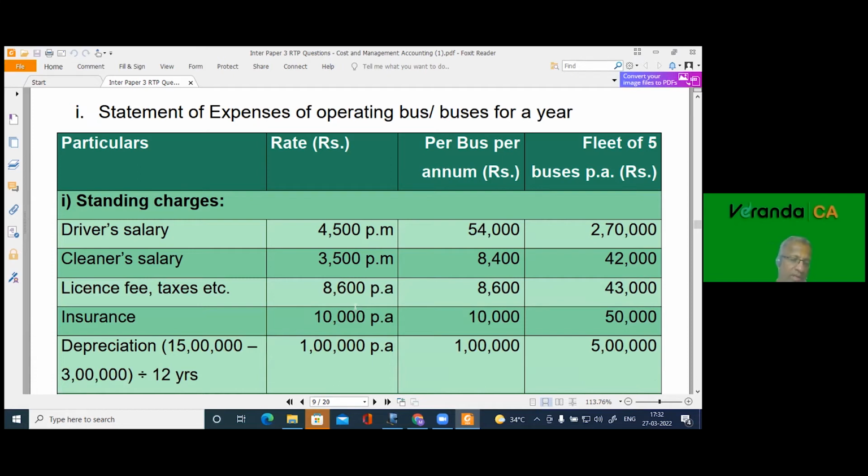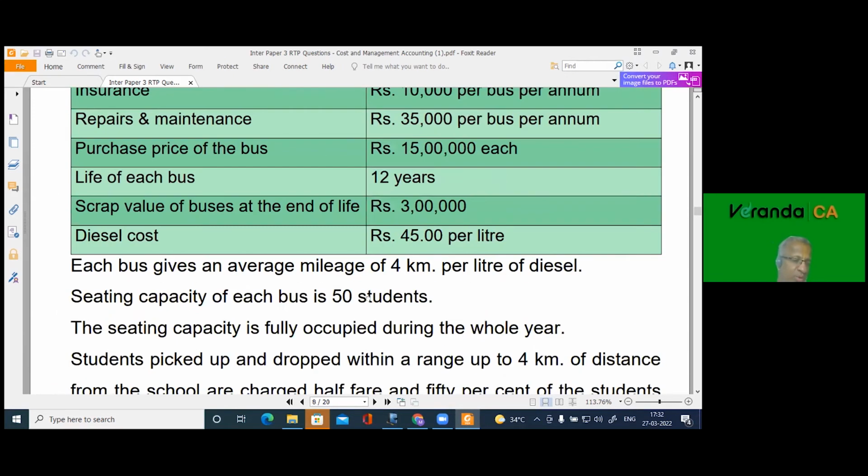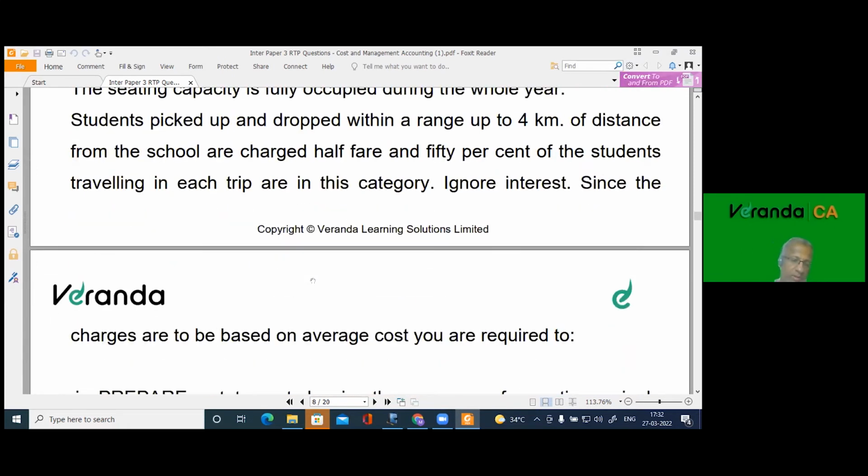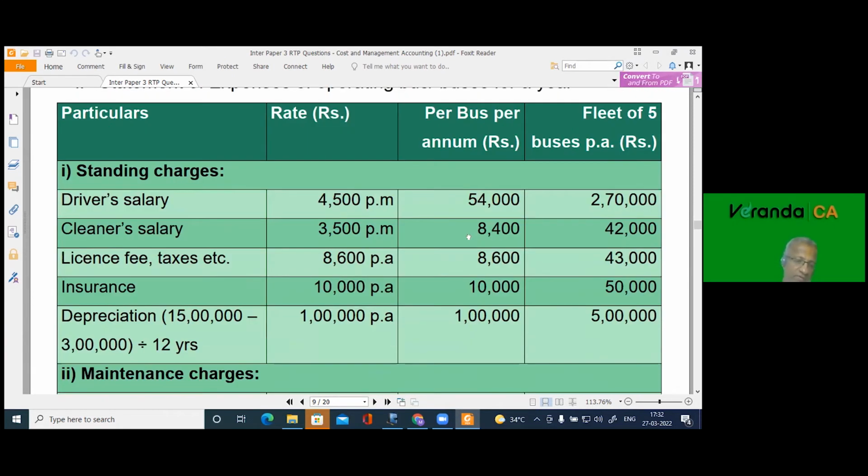Then we are expected to do the cleaner's salary. He is employed for all the 5 buses. So what we are expected to do is 3,500 into 12, which is 42,000. Straight away, 42,000 is for all the 5 buses, and that divided by 5 is for 1 bus.